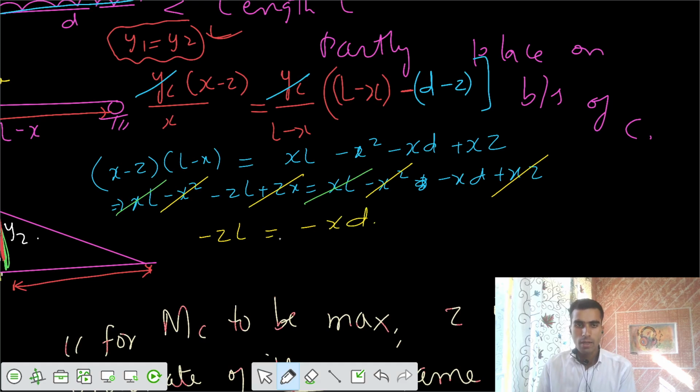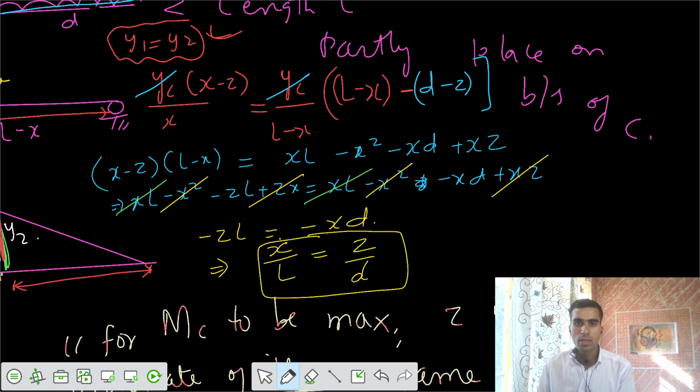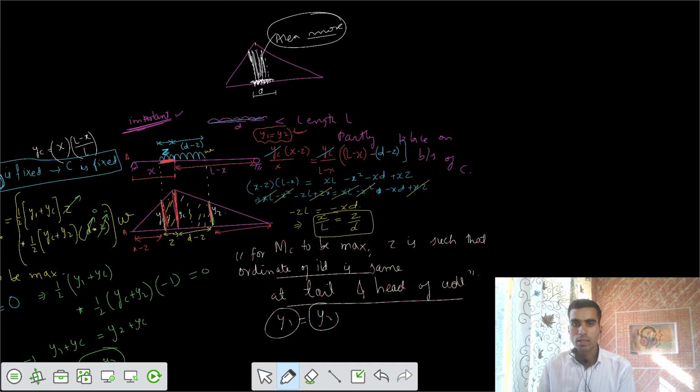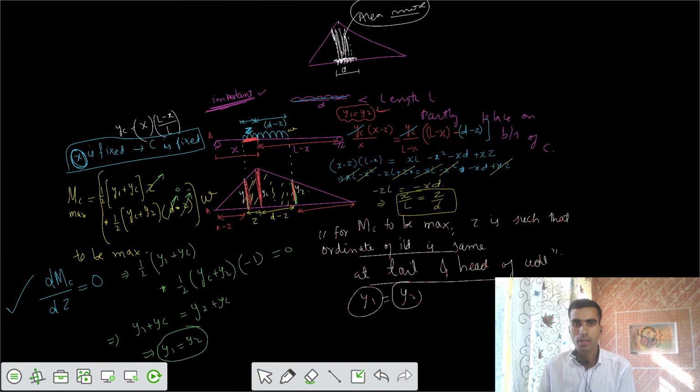Now, if I rearrange it in terms of X by L, it equals Z by D. Now just think of this one and see what this is. X by L, Z by D from this figure.